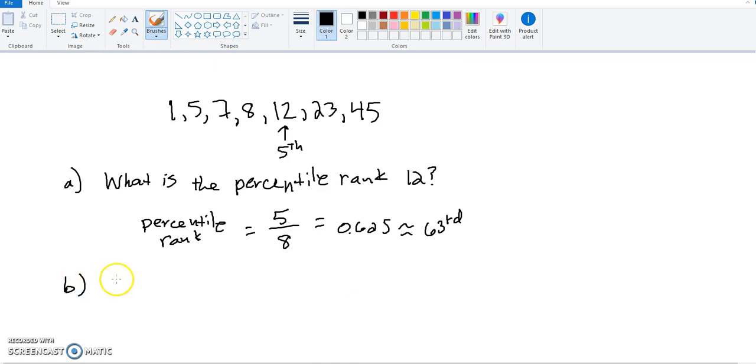We could also try and estimate things using this. So let's estimate the 38th percentile from this data.